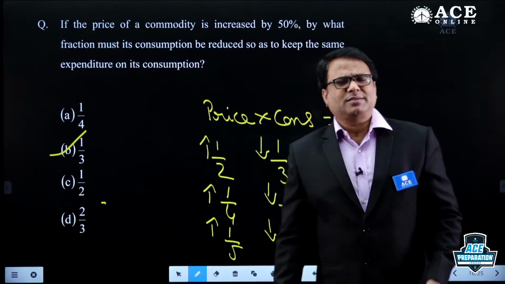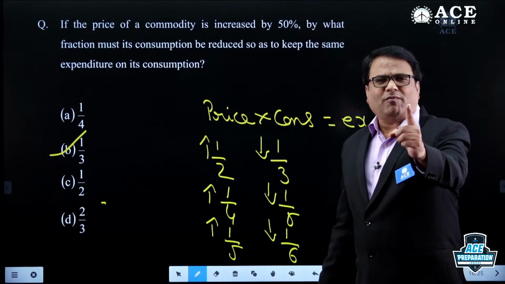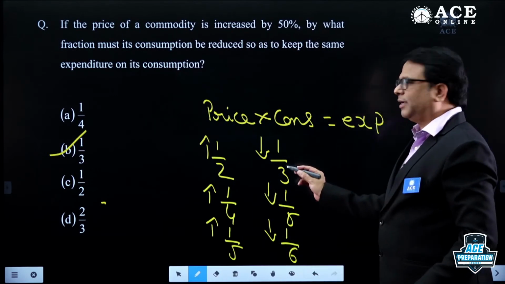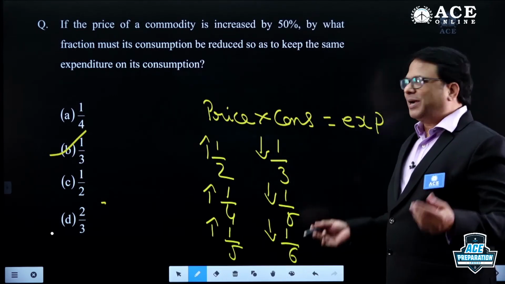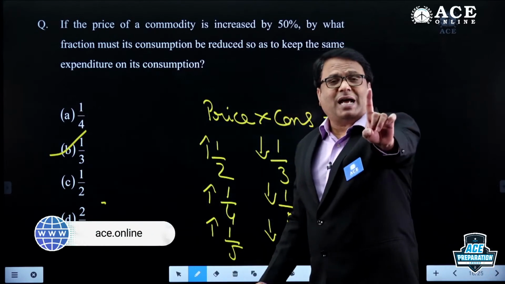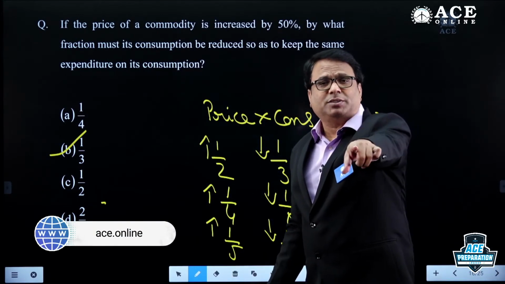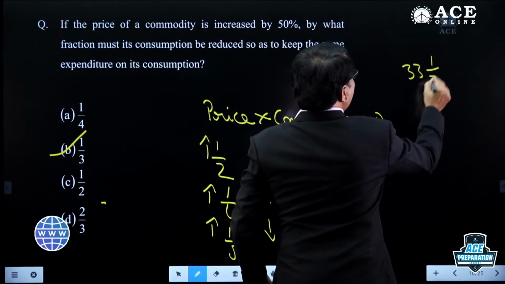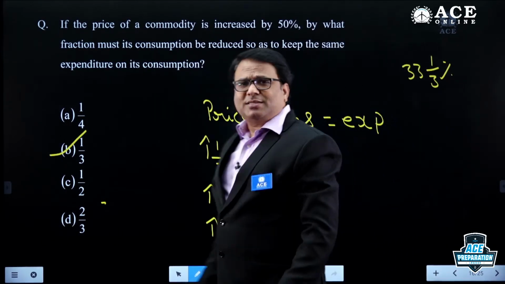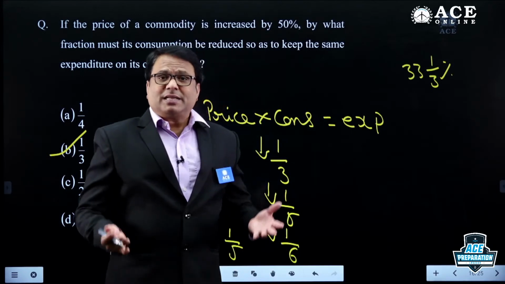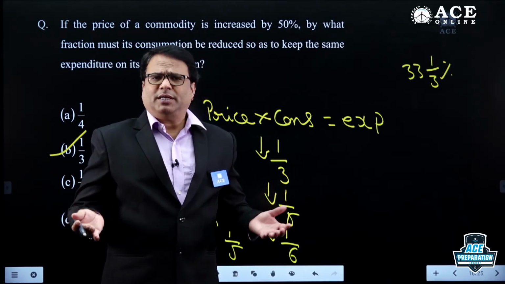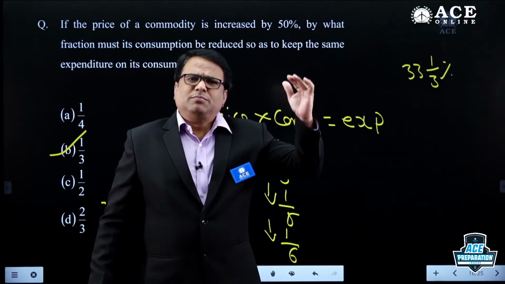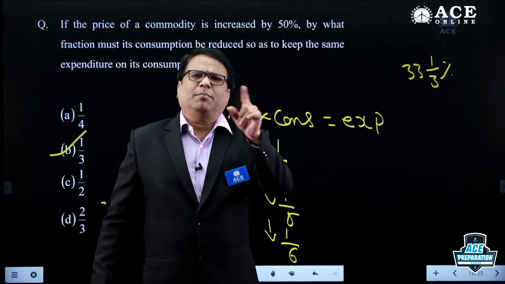So we can easily say if the price is increased by 1/2, then consumption is reduced by 1/3. So 1/3 is the answer. Suppose the answer is asked in percentage, then 1/3 is nothing but 33 1/3%. So if the price is increased by 50%, then consumption should be decreased by 33 1/3%.